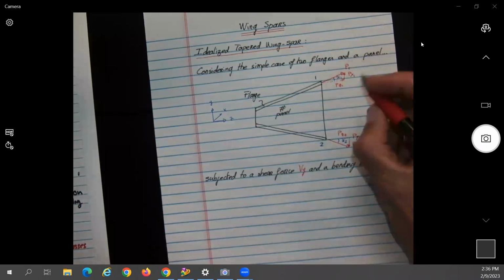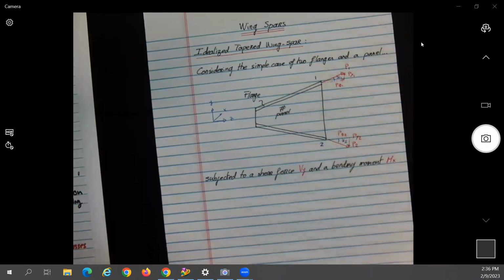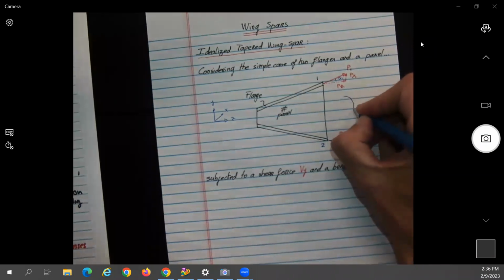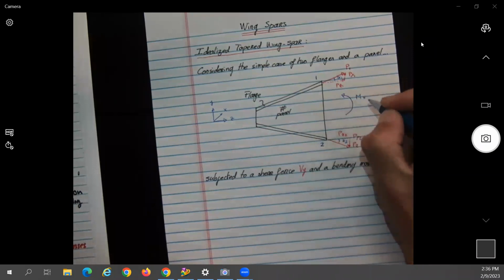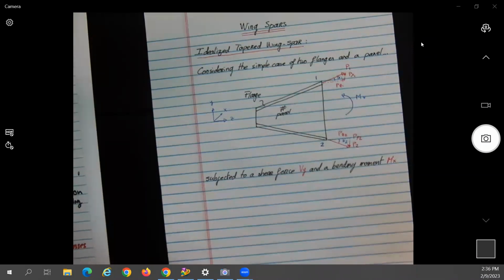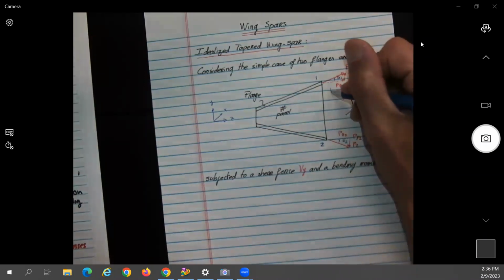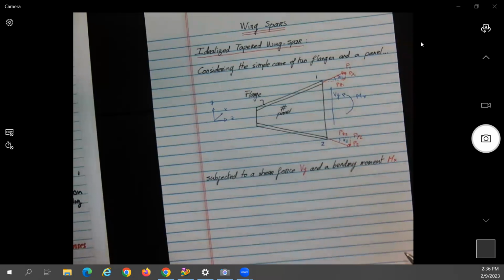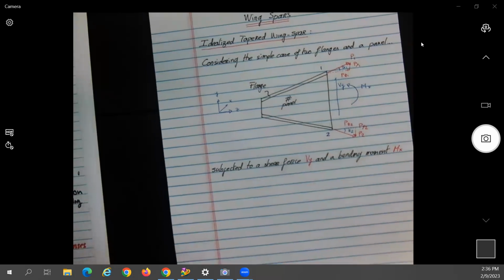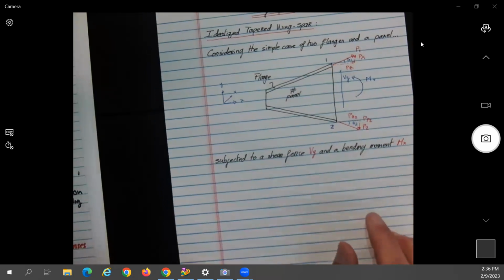So in here, let's say there is a moment Mx and a shear force Dy. I'll probably redo these figures. I don't want to put too much on the same figure.